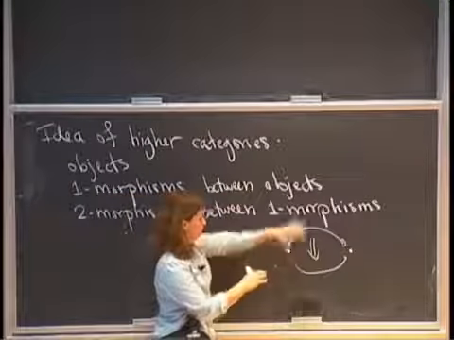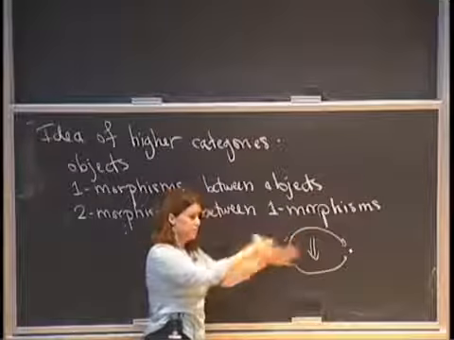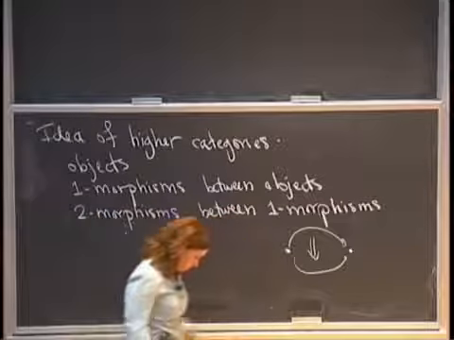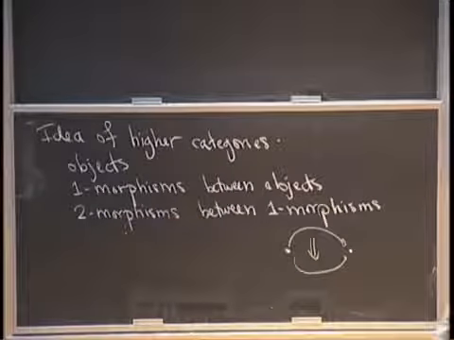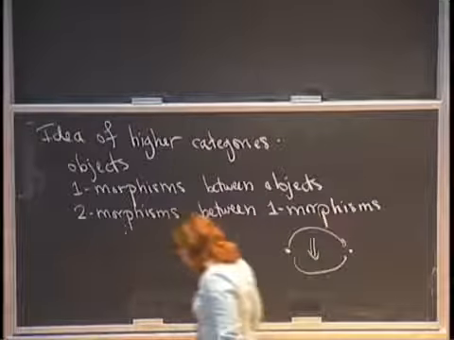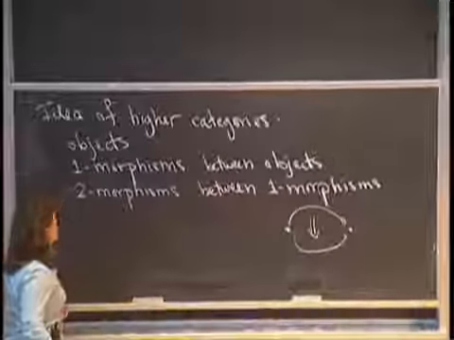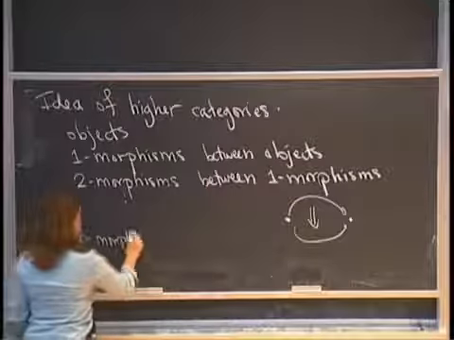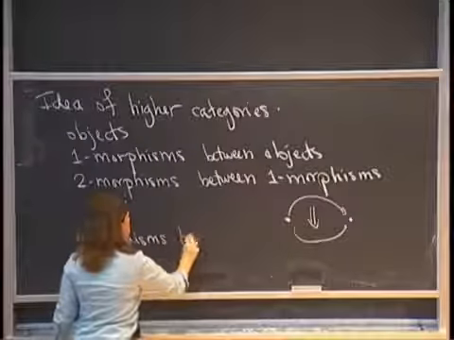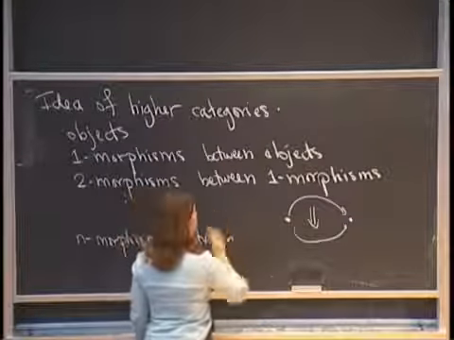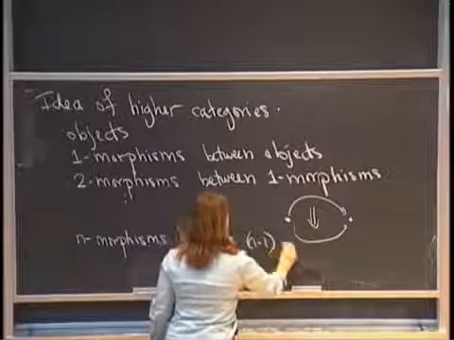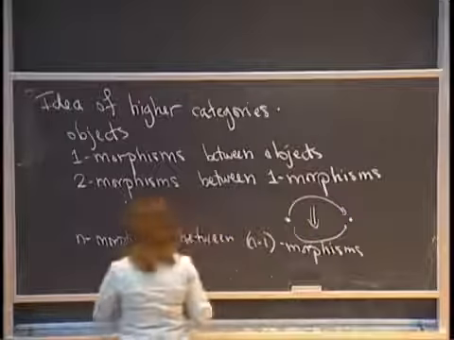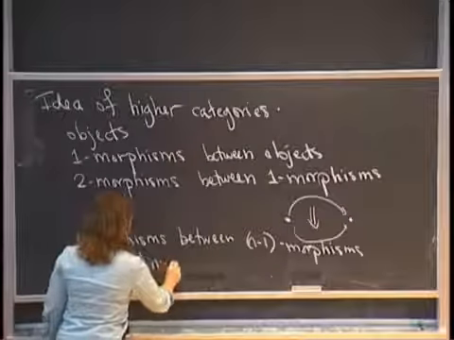And then you could imagine having a front and a back two-morphism, and then there's a three-morphism between them, and so on and so forth. You could stop at some point if you'd like. So keep going and say you'd have n-morphisms between (n minus 1)-morphisms, in which case you would call this an n-category.